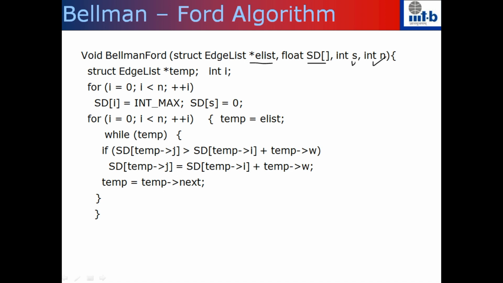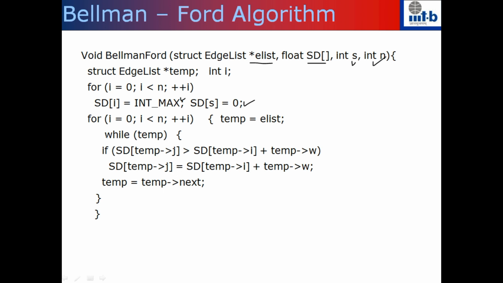In this graph, you want to find the shortest distance from s to every other vertex. So I first set the shortest distance from the starting vertex s to itself as 0, but the shortest distance from s to every other vertex is set as int infinity.